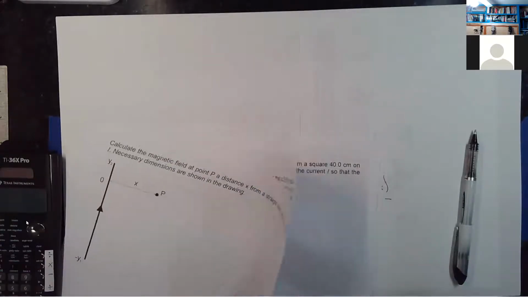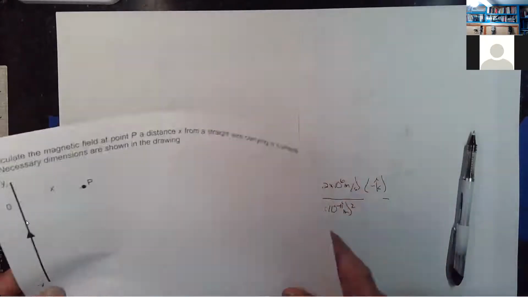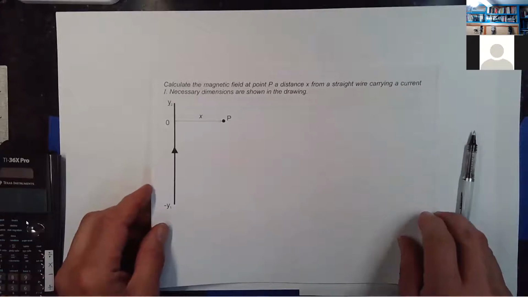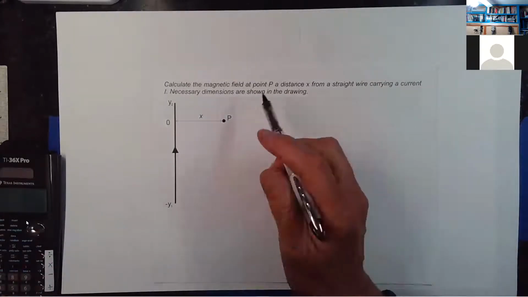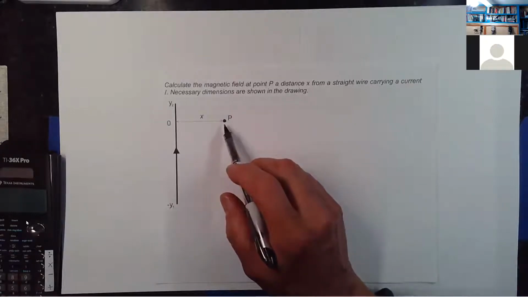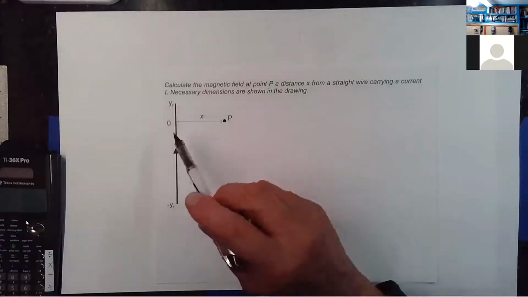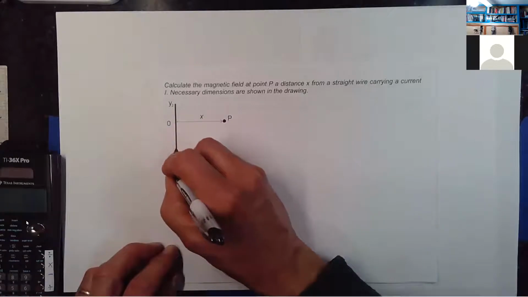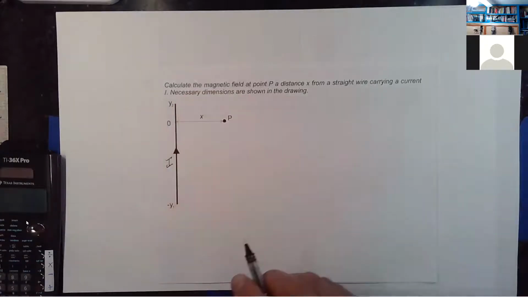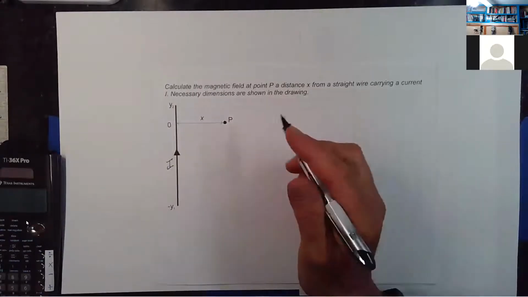Okay, well, we're diving into a wire right off the bat then, and seeing how that will work out. So we want to calculate the magnetic field at point P, at a distance x from a straight wire carrying a current I. The current's going in that direction, and the necessary dimensions are shown in the drawing.